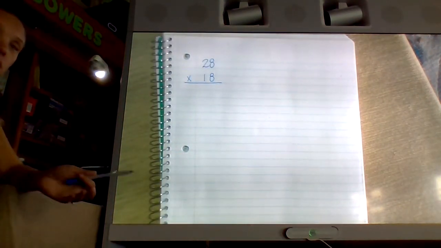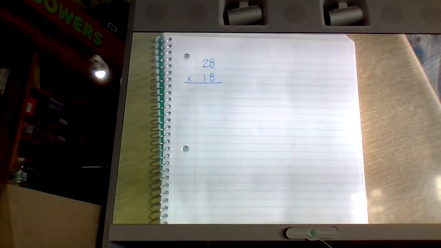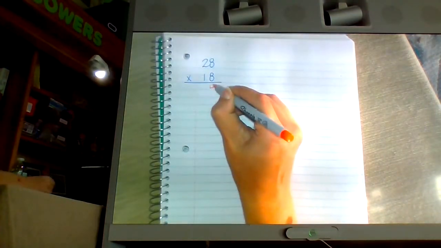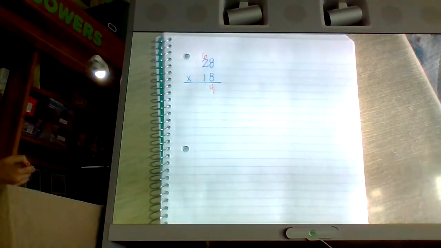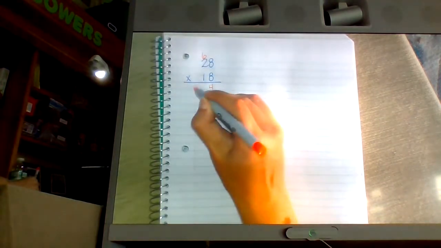This is just the normal proficient way that mathematicians solve. And you would do 8 groups of 8 is 64, carry the 6. 8 groups of 2 is 16, plus 6 more is 22.